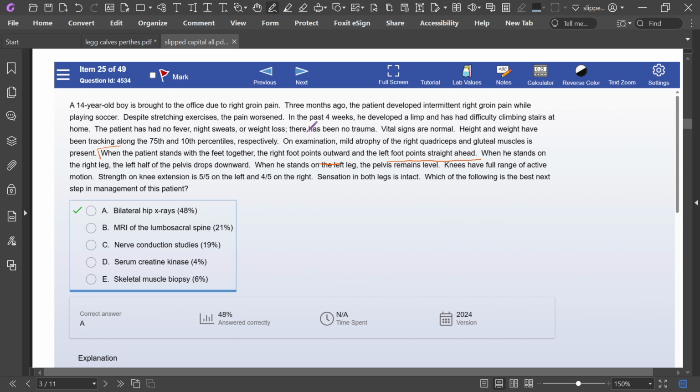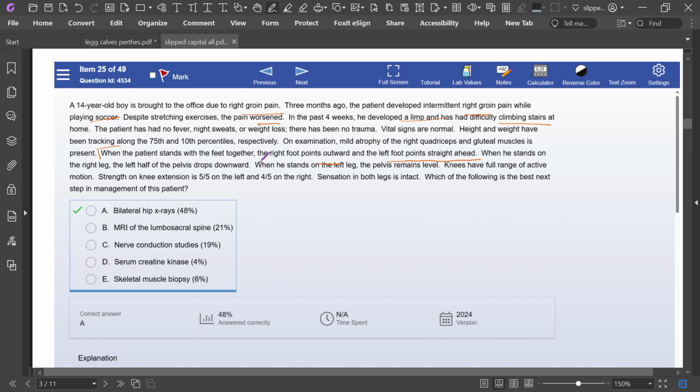So he has groin pain, possibly from playing soccer. During stretching exercise, this pain is worst. In the past 4 weeks, he developed a limp and difficulty climbing stairs at home.